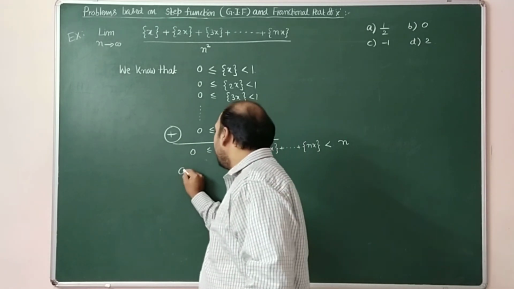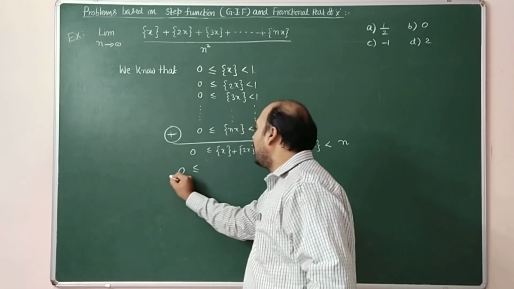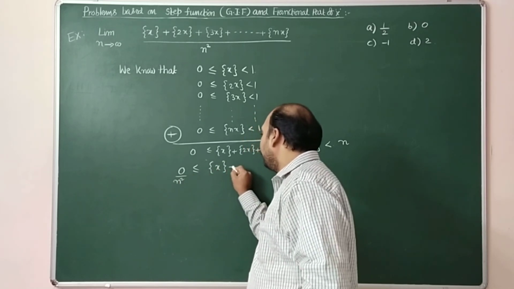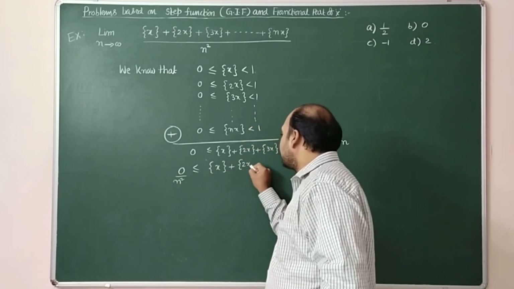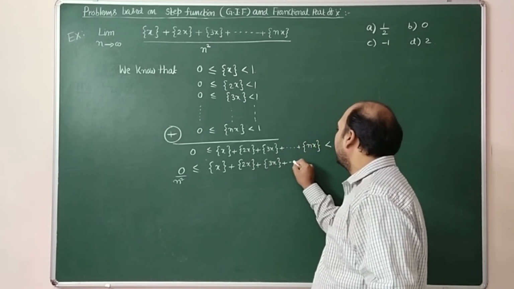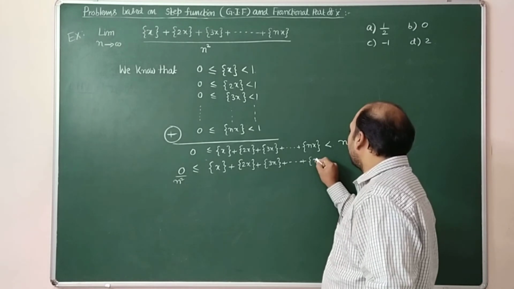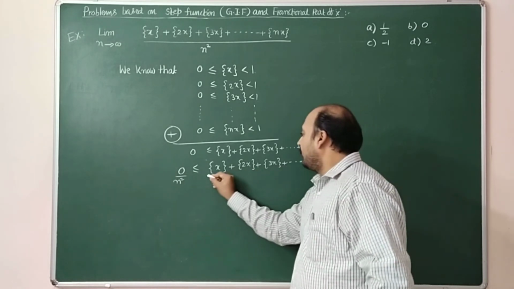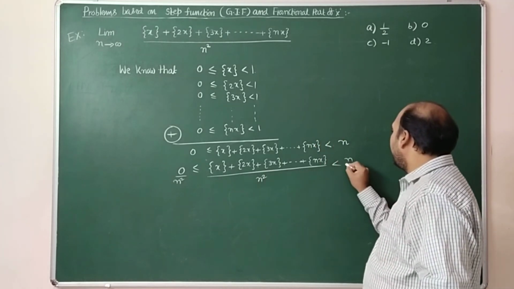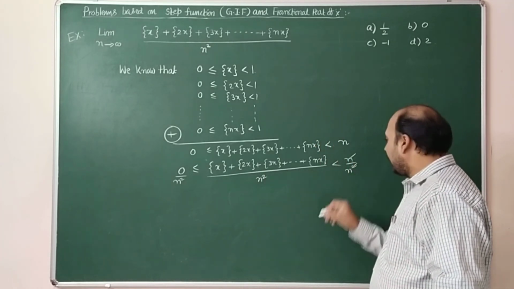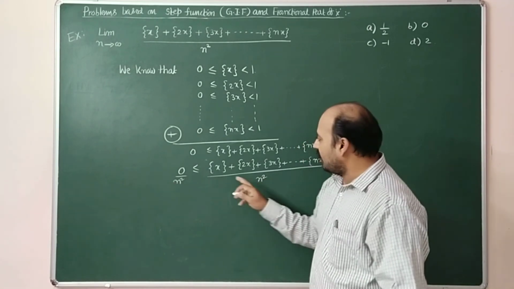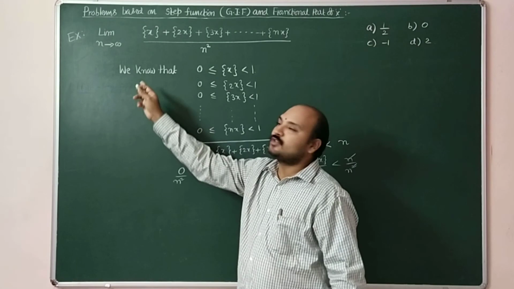So 0 is less than or equal to 0 by n square, dividing on both sides on each and every term. Fractional part of x plus fractional part of 2x plus fractional part of 3x plus and so on, plus fractional part of nx, divided by n square, is less than n by n square. So one of the n cancels. Take the limit. We want limit n tends to infinity.